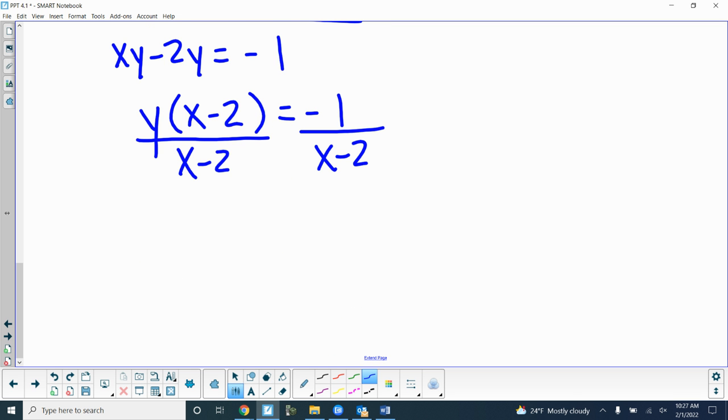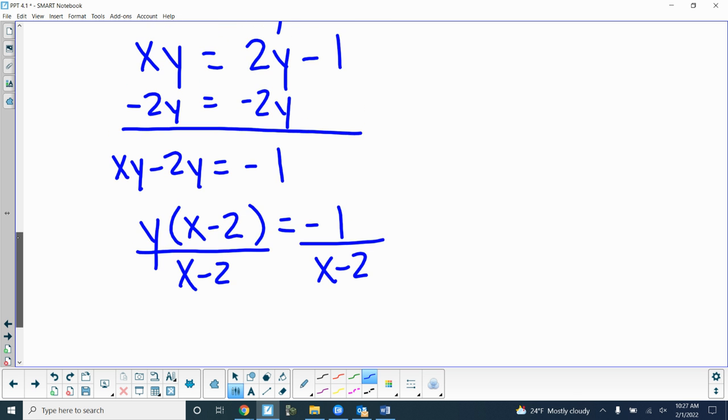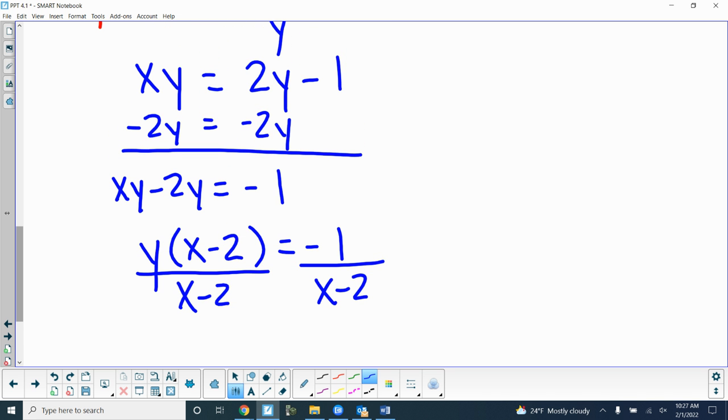So that's the part that kind of gives us problems. When we have two terms with a y in them and we have to get y by itself, factor out the y like a GCF and then divide whatever's in the parentheses over to the other side, and then you have y by itself.